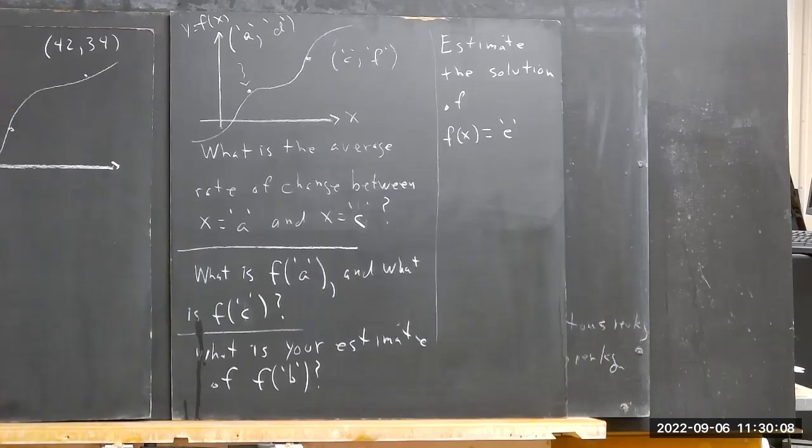So the average rate of change is what? Change in Y divided by change in X, right? So that's one. Right, that is delta Y over delta X. Now your open math gives you a formula.